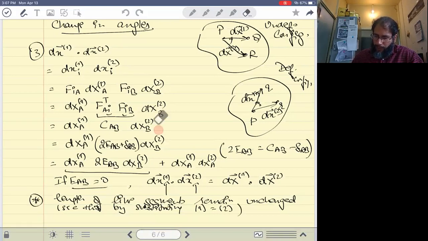Okay, so if you substitute 1 equal to 2, then you can clearly see that the length of line segments remain unchanged. So what we are saying is, if you draw any line segment around point P, that line segment will retain its length. It will not get elongated or compressed. The length of the line segment will remain the same from the undeformed configuration to the deformed configuration if our EAB is 0.